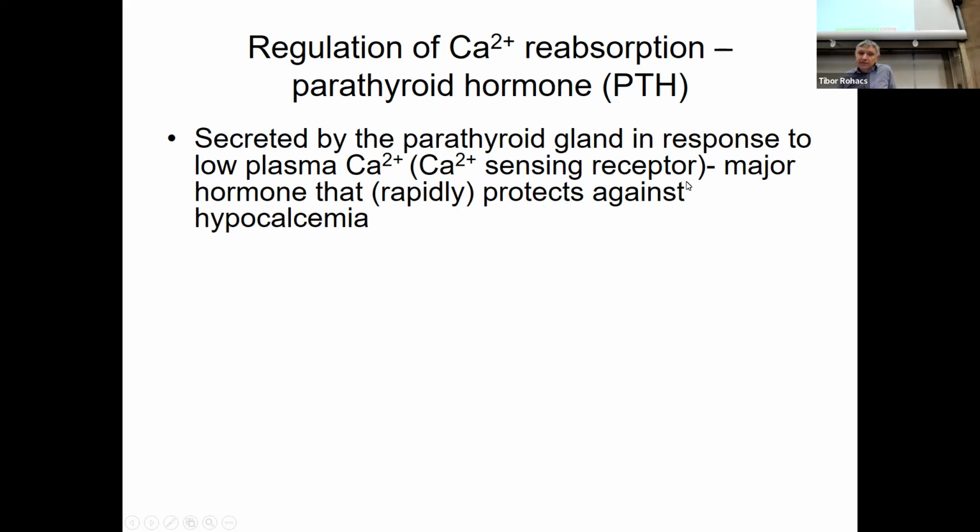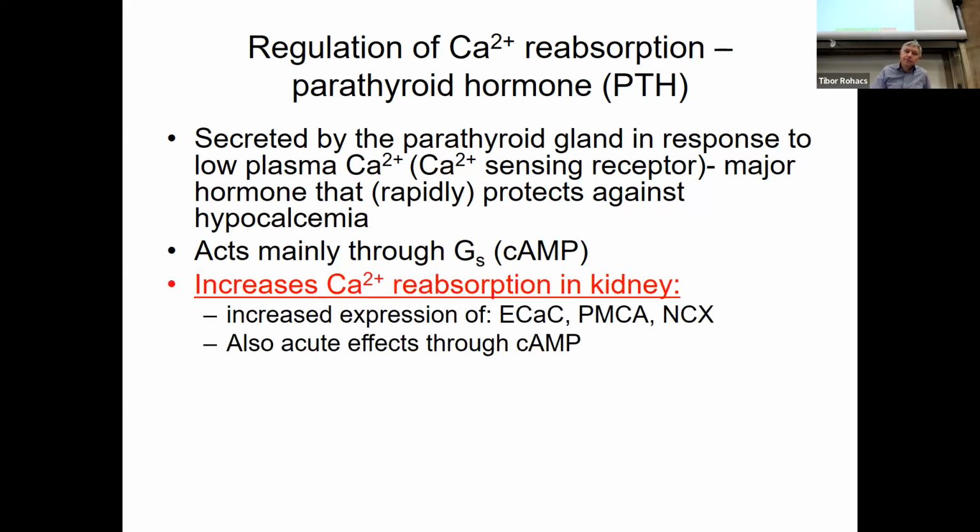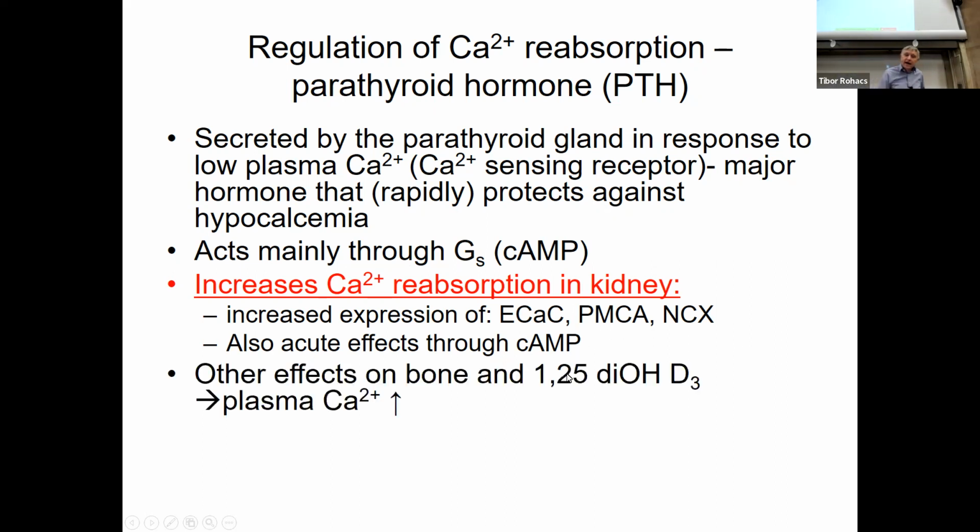And so basically, if you have low calcium, then PTH is secreted. It will act through cyclic AMP, and it will increase calcium reabsorption in the kidney, both by stimulating this epithelial calcium channel in terms of expression, and also it has acute effects through cyclic AMP.